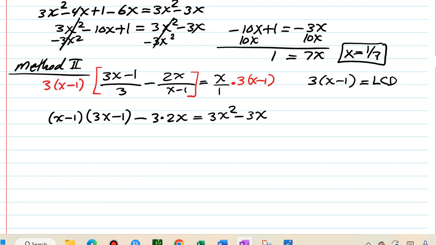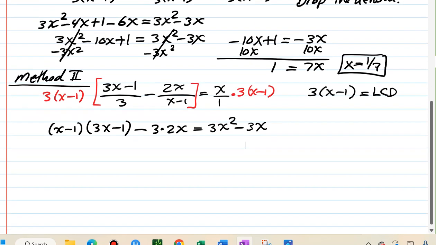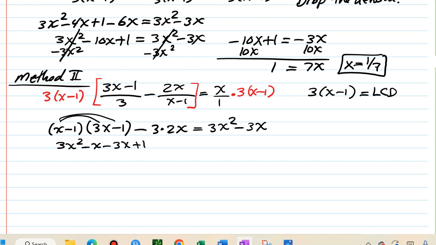Notice, if we do this correctly, in one step we can eliminate fractions. Now let's do FOIL here and see what happens. When we FOIL, we're going to get 3x squared minus x, right? 3x squared minus x, negative 3x plus 1 minus 6x equal 3x squared minus 3x.